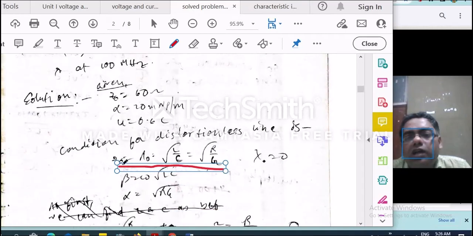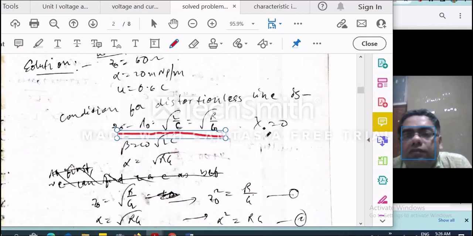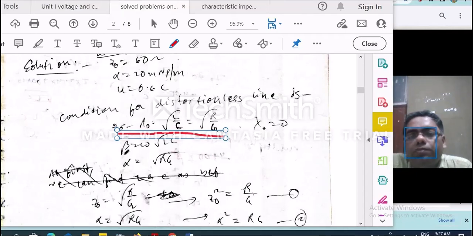Now we can come back to the problem. We write Z0, or R0 since it is real, as root over L by C. Beta will be omega root LC, which we have also seen for a distortionless line, and alpha will be root of RG.